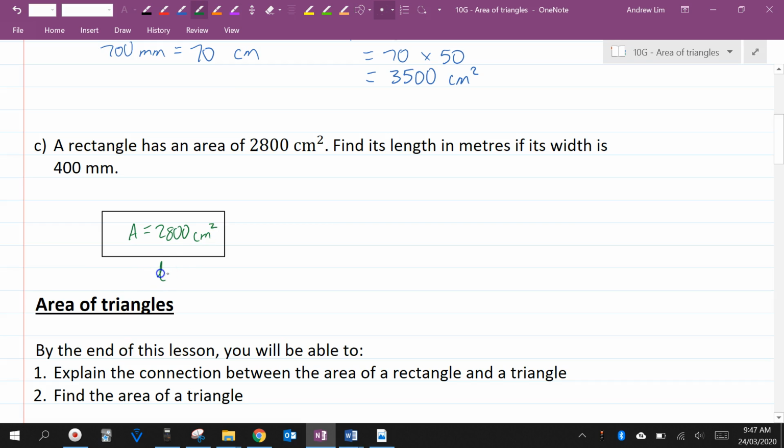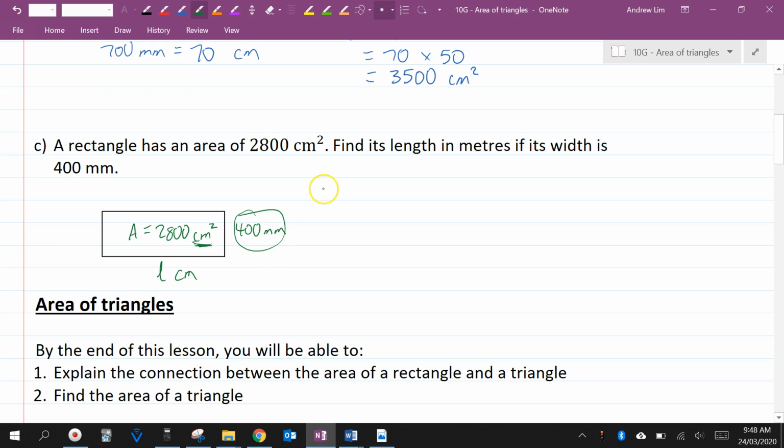We want to work out its length. I'll just call that L. And we know its width is 400 millimeters. So because we want the answer to be in square centimeters, these should both be centimeters. The length and width need to be in centimeters.